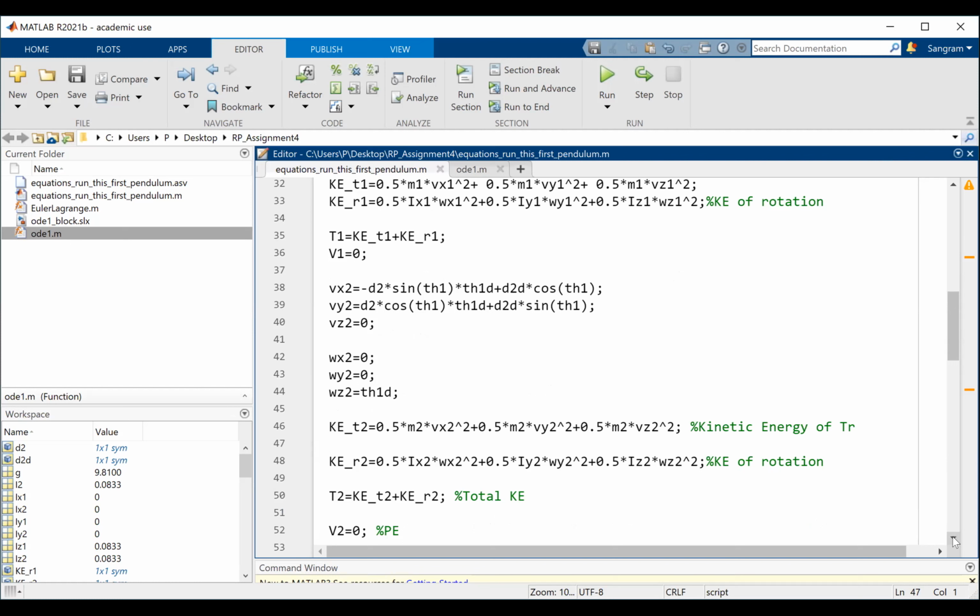Then kinetic energy of rotation is with Ixx2, Iyy2, Izz2. That expression is over here: 1/2 Ixx2 omega x2 squared, 1/2 Iyy2 omega y2 squared, 1/2 Izz2 omega z2 squared. Are you with me so far?